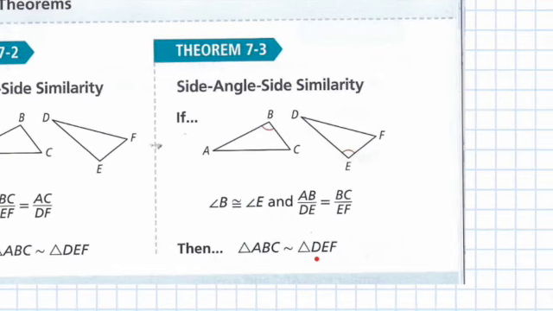And then finally, there's side-angle-side similarity. So if this side over here, AB, can be compared to DE, the first sides right here, and then BC right here, and EF right here, the second pieces, if those two pairs are proportional, and on top of that the angle that those two sides create is congruent, then I can say that the figures we're looking at are similar.